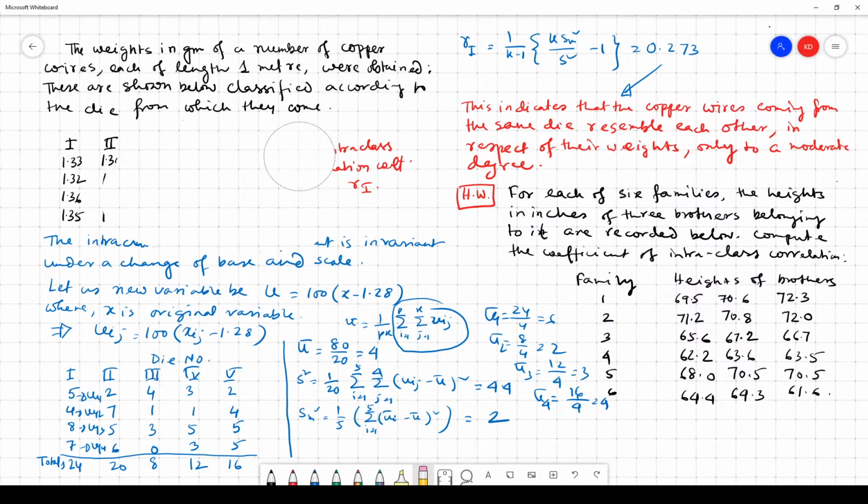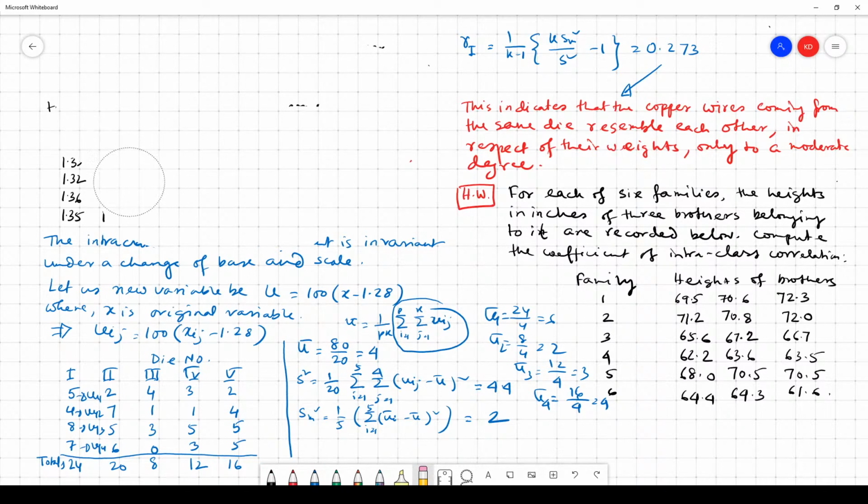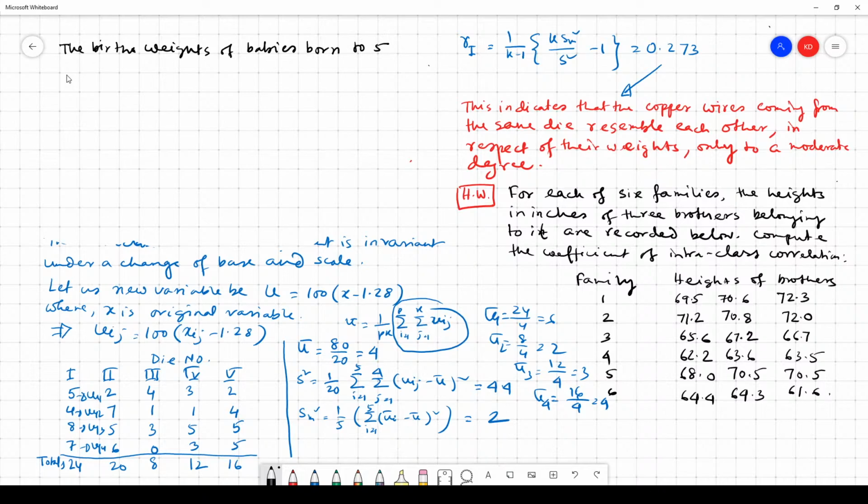And the last homework is the birth weight of babies born to 5 mothers in a Calcutta nursing home, given below.